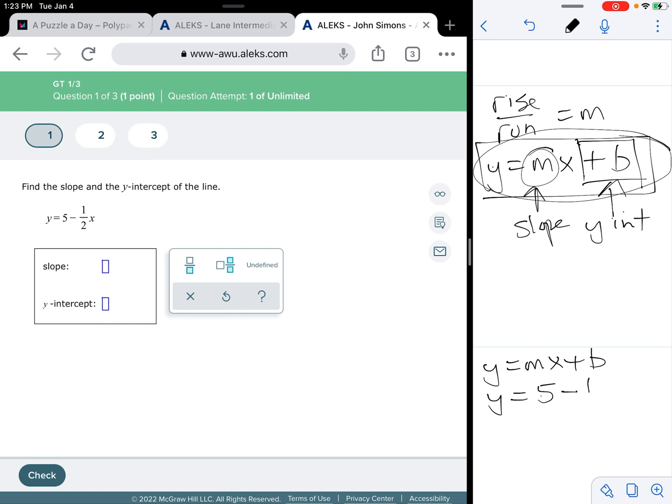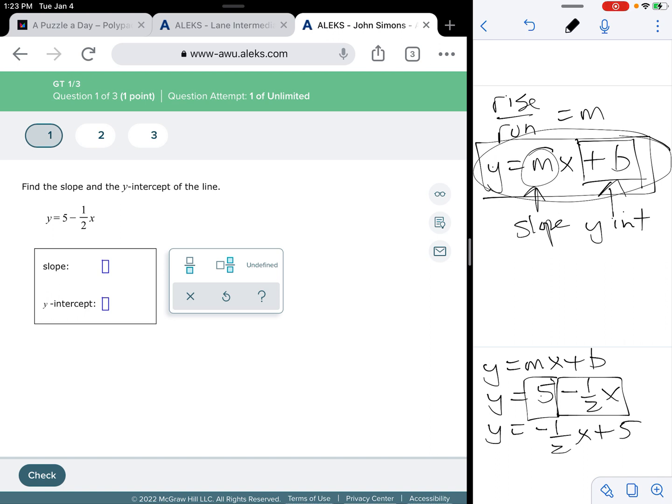y equals 5 minus 1/2 x. The first thing I notice is that theirs is written backwards from ours. They have the number first and the number with the x last, whereas in y equals mx plus b, the x comes first. So let's rewrite it. y equals, and remember the sign to the left of a term always sticks with it, so it's negative 1/2 x, and then this doesn't have a sign, so that would be plus 5.